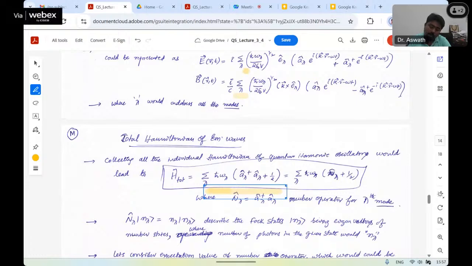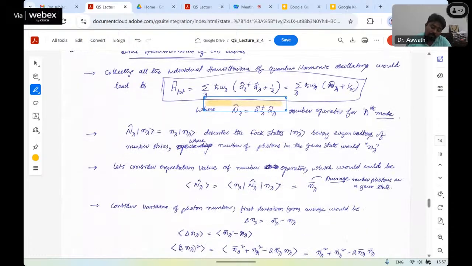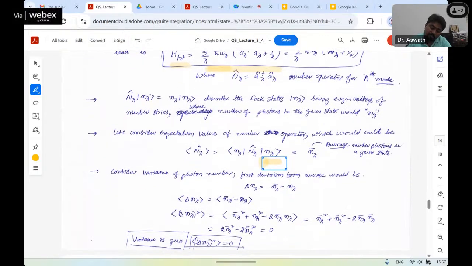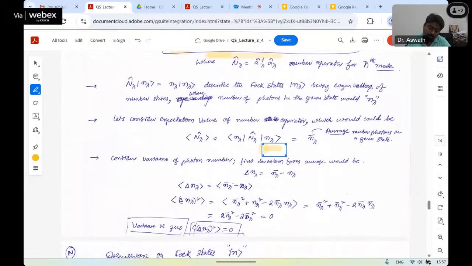Wherever the operators are, you put the subscript for the mode and finally obtain the corresponding eigenvectors for the total Hamiltonian of the electromagnetic wave, which are simply the quantum eigenstates n lambdas. So the n lambdas are just like the n kets which I had for the harmonic oscillator.